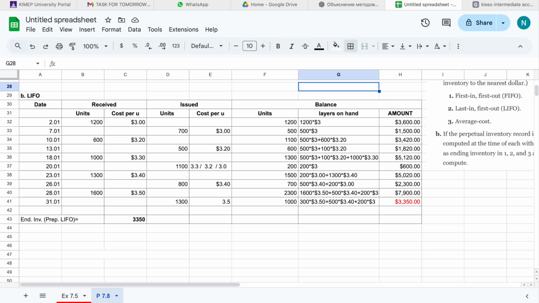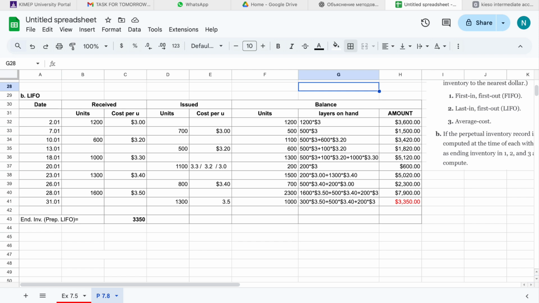For January 26th, we have the issue of 800 units. So we're going to take from the newest, 3.40. We used 800, and that leaves us 500 at 3.40 plus 200 at $3.